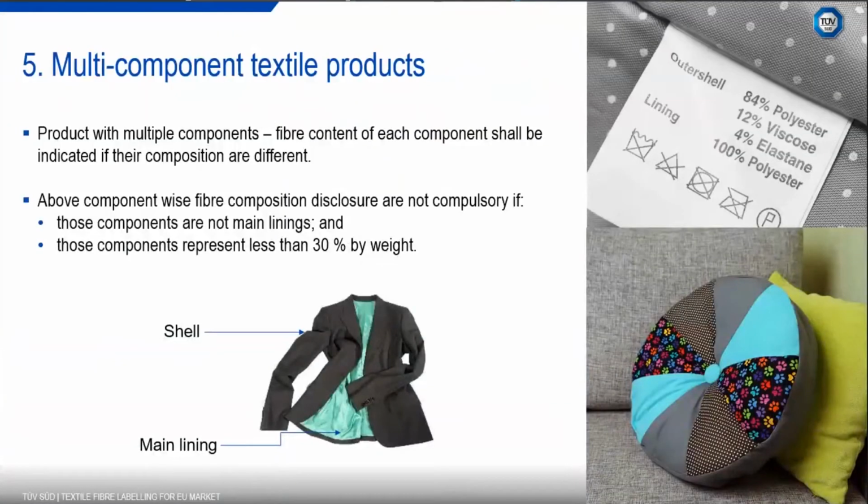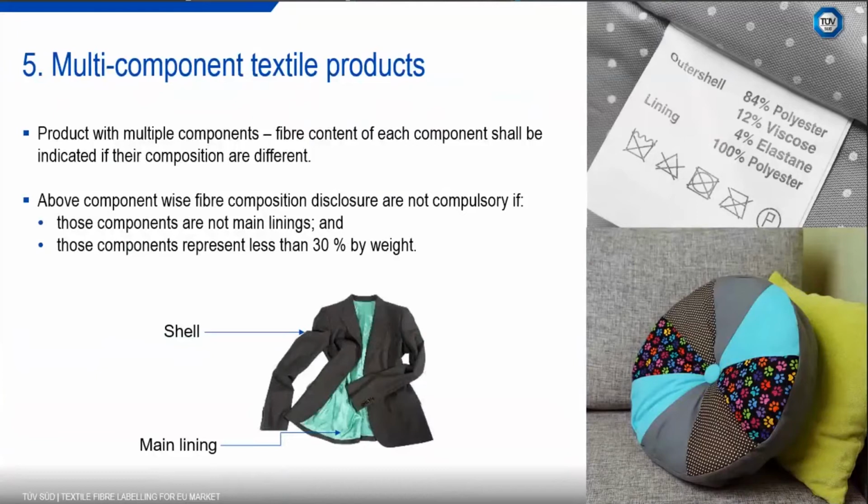Now, a multi-component textile product means a product which has multiple components or multiple fabrics with different fiber compositions. Like in this jacket, you can see it has a shell fabric made of one fiber composition, and a main lining that is also a different fabric.